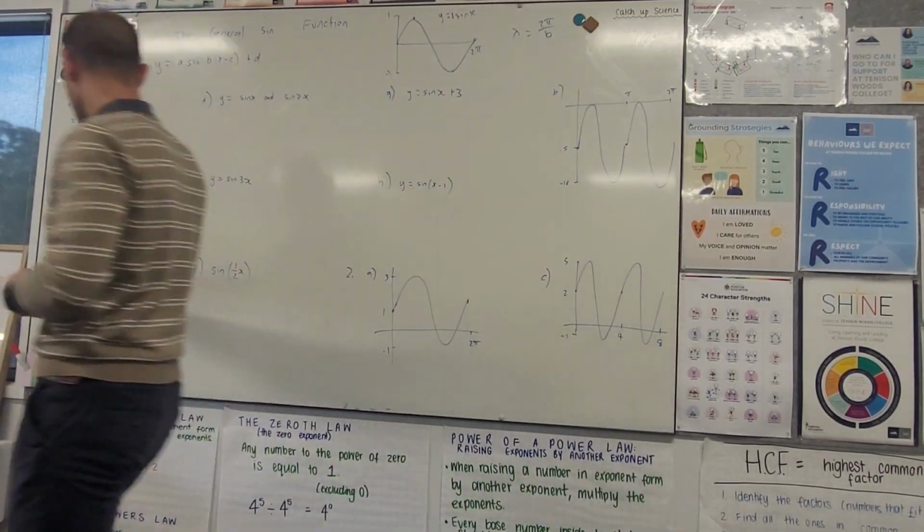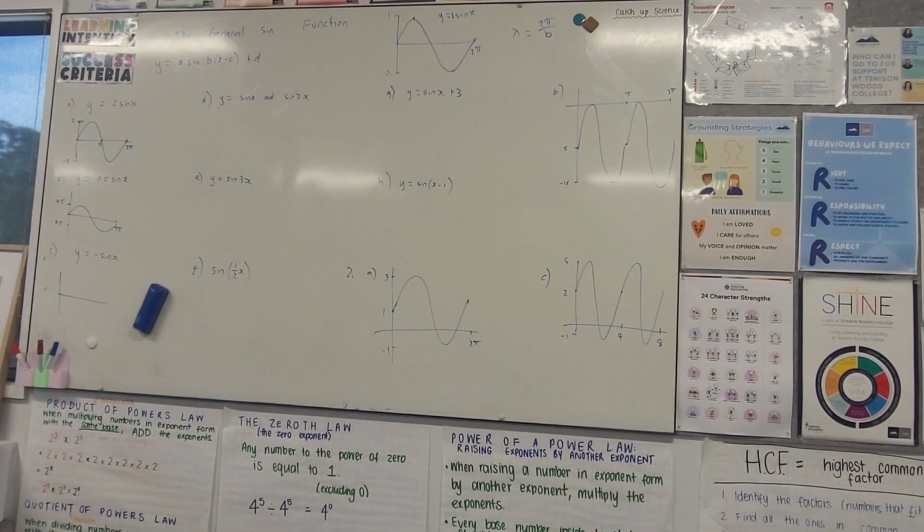So when we have the negative of a function, it is the reflection of it in the x-axis. It's going to look like this. Amplitude is still 1, so the highest it'll go is 1, the lowest it'll go is negative 1. But the negative out the front, all that does is flip it upside down. It inverts it.